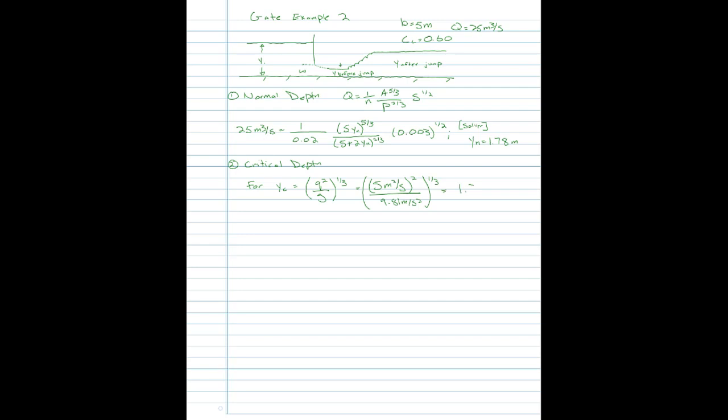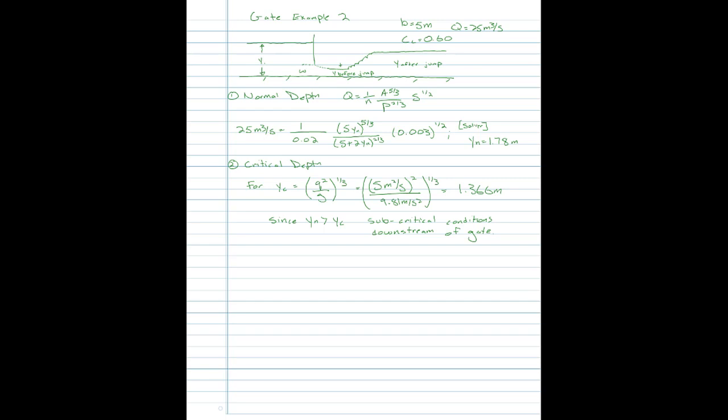And so the critical depth is 1.366 meters. So since Yn is greater than Yc, we have subcritical conditions downstream of the gate. That means a hydraulic jump is going to occur.